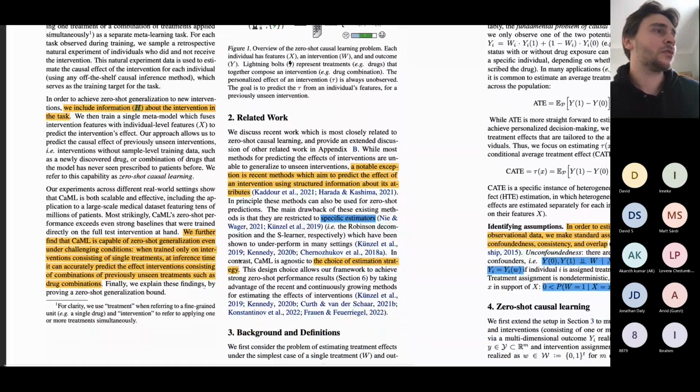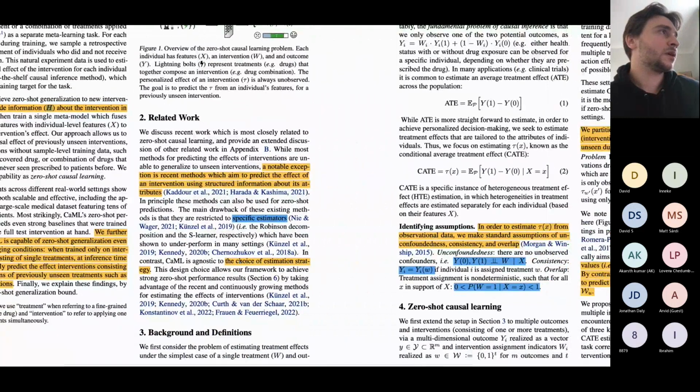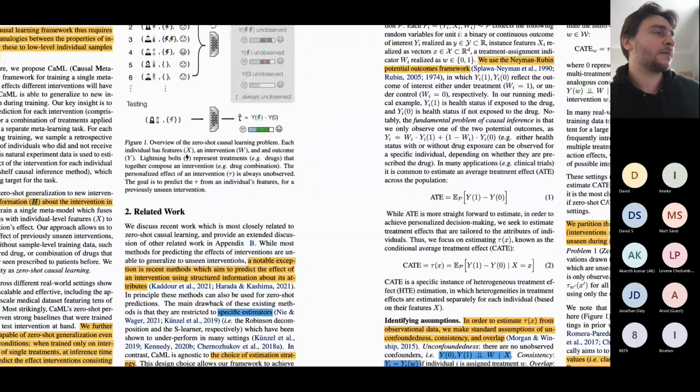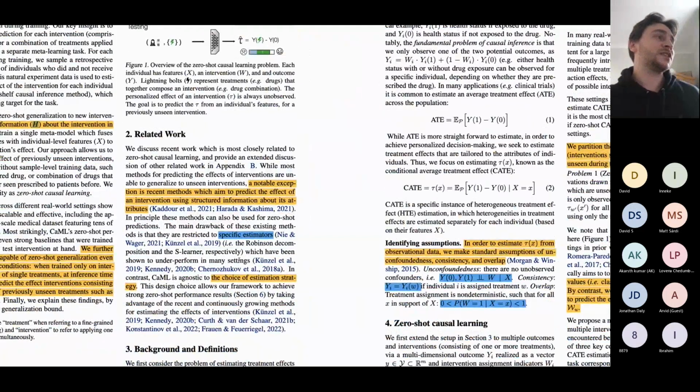Okay, so let's quickly go through related work. With related work, they say there's not really anything that's close to what they're working on, in the sense that all the other methods that do this zero-shot prediction are specific estimators. So they claim that their method is model agnostic.